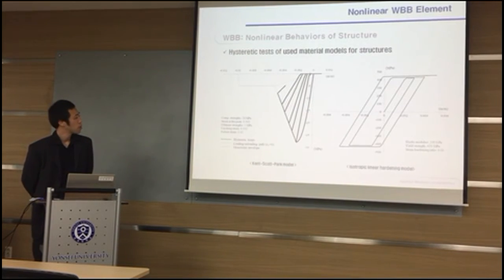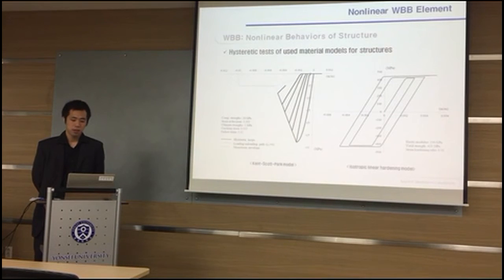The hysteresis groups of material model used in this study are shown in this slide. The first one is Kent-Scott-Park model. This model is often used for concrete material. The other one is isotropic linear hardening model.